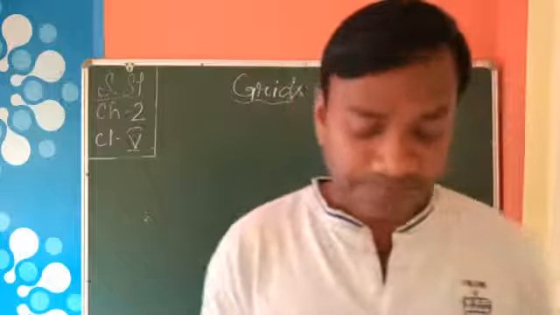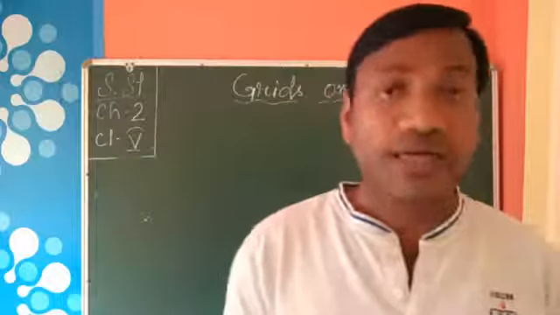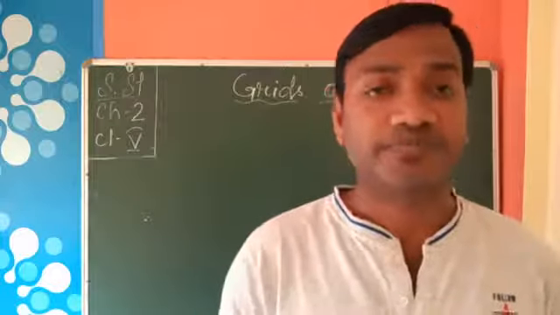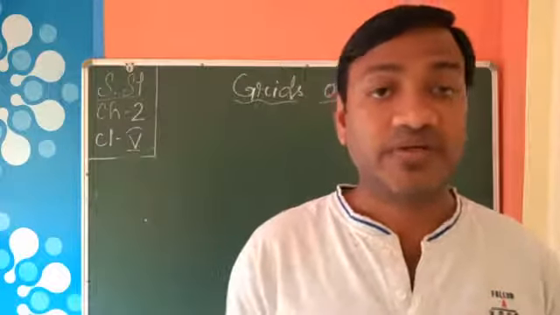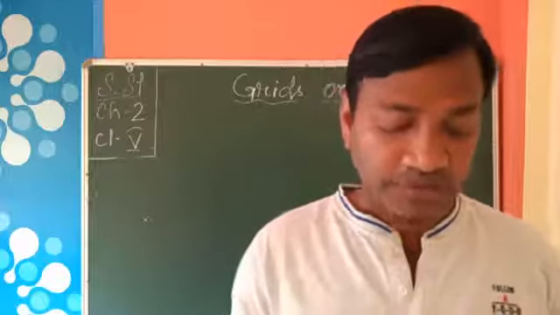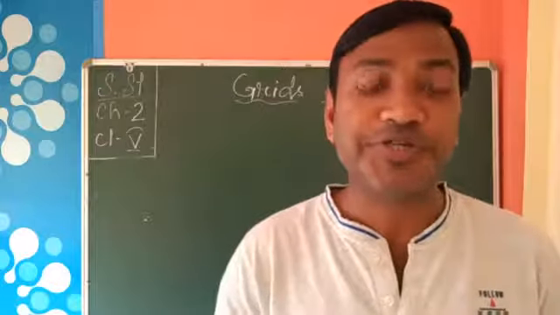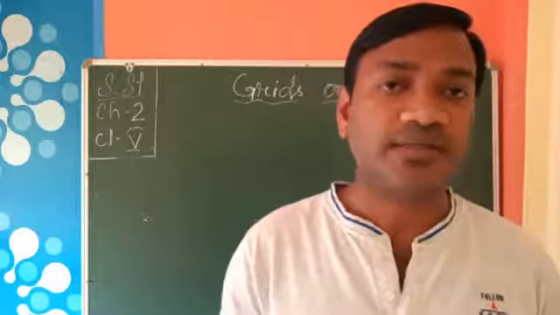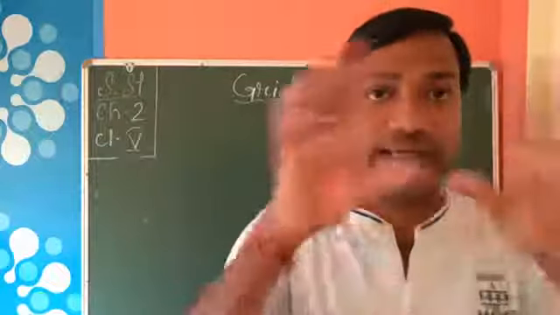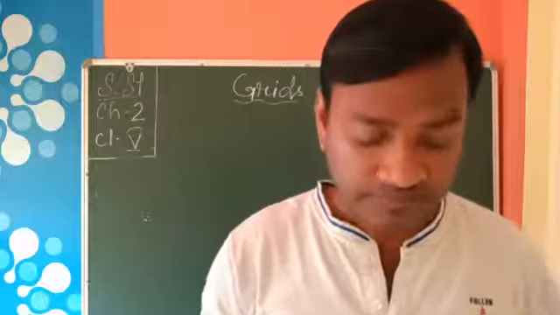So first, understanding latitudes. What is latitude? Let us come to know this. The earth is roughly spherical in shape. Roughly we can say the shape of the earth is spherical. It is like a ball.